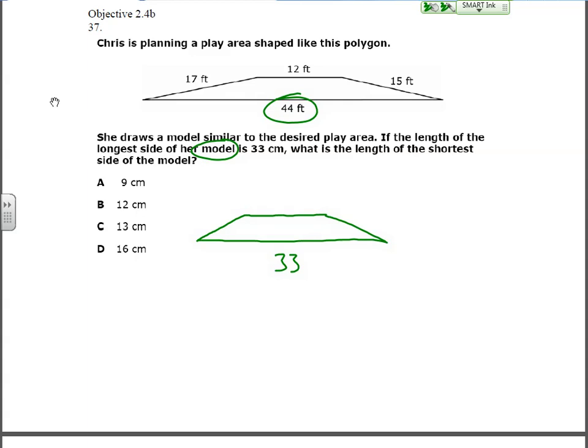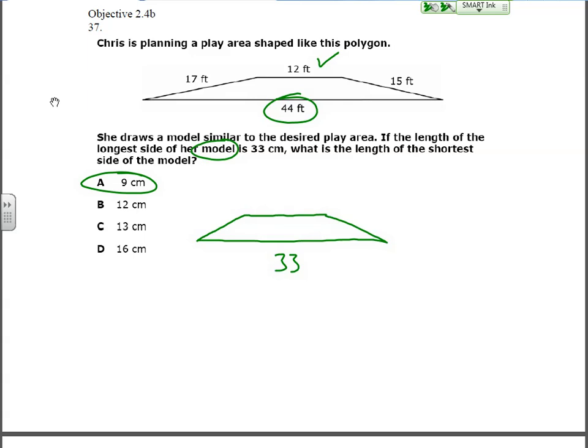Her model is 3/4 the size of the original. Okay? So the question is, what is the length of the shortest side of the model? The shortest side of the original is 12. Her model is 3/4 of that. So what is 3/4 of 12? 9.